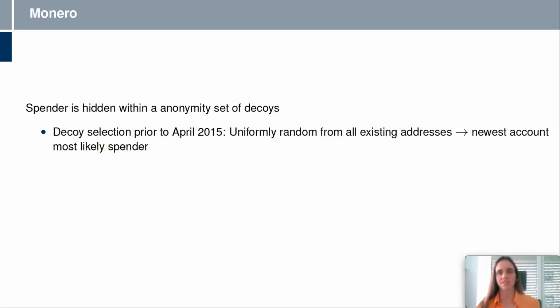But this has the problem that the newest account, according to age within the ring, has the most probability to be the actual spender. The reason for that is older accounts that have been there for quite some time had a much larger chance to already really spend and not just be decoys.